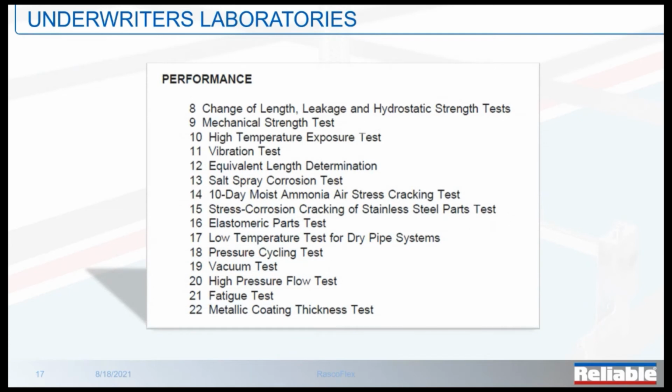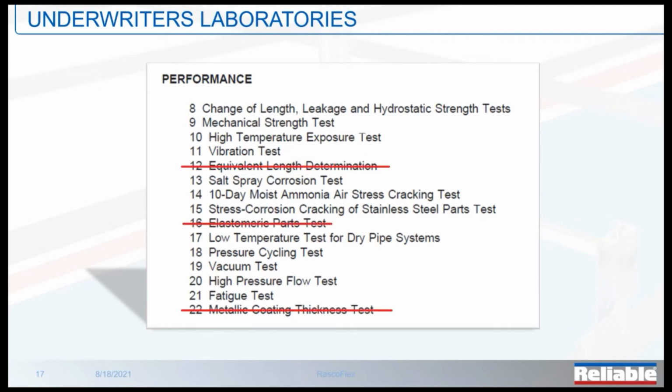So let's take a look at the test requirements, and this isn't everything, but these are the performance test requirements for flex drops, and we're going to look at Underwriters Laboratory, and we're going to do a kind of a side-by-side comparison with FM. You'll see, again, some similarities, some differences. In this case, I'm going to take these 15 tests, and I'm going to scratch 3 of them.